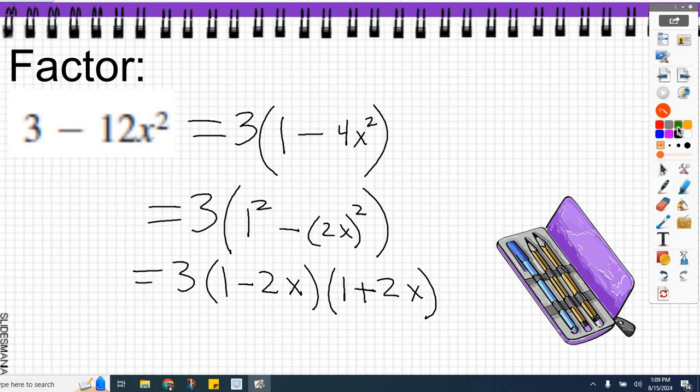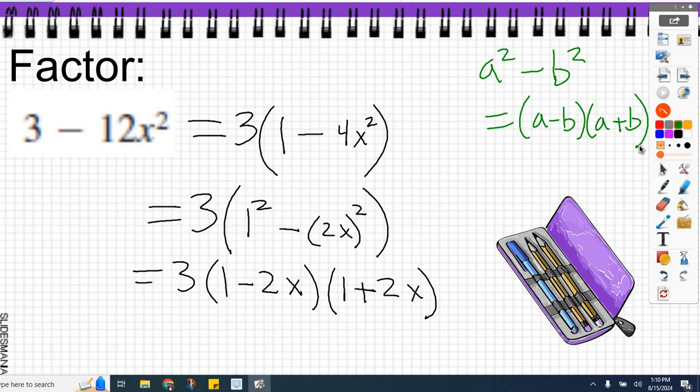And we want to do that because if we can rewrite it as 2 things being squared, we can use that formula that's on your sheet. But for us, instead of an A and a B, we have a 1 where our A is, and a 2x where our B is. So then we just follow the same format: 1 minus 2x, and then 1 plus 2x. So you're just applying the formula. Does that help a little bit?